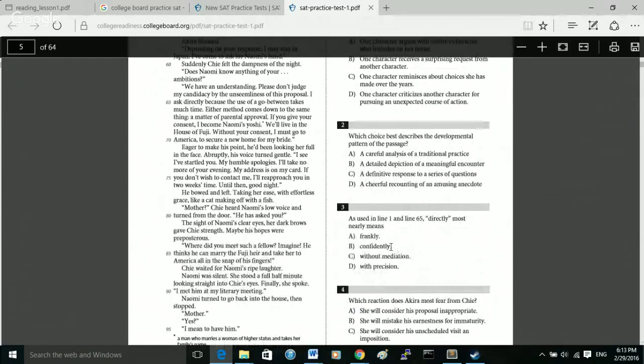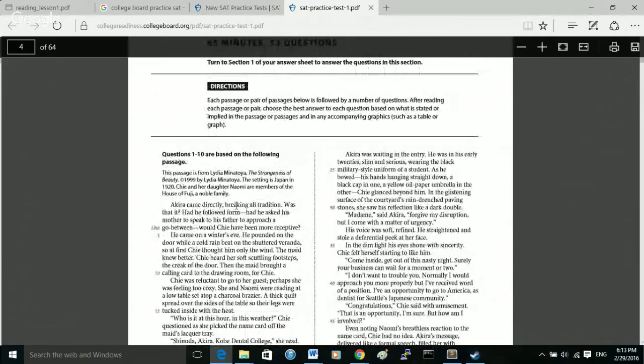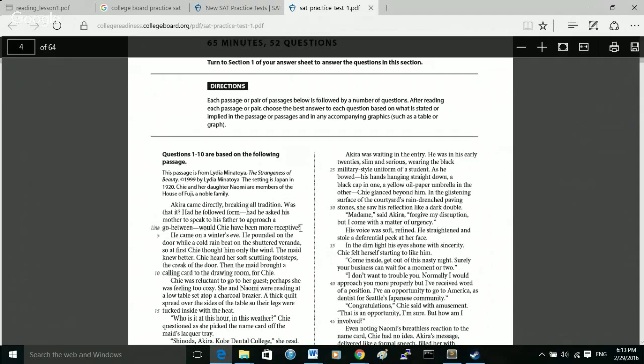Now, we look at answer choice B. Is it confidently? Is Akira being confident by breaking all tradition? If you look back at the lesson, it says don't let your own inferences influence your answer.